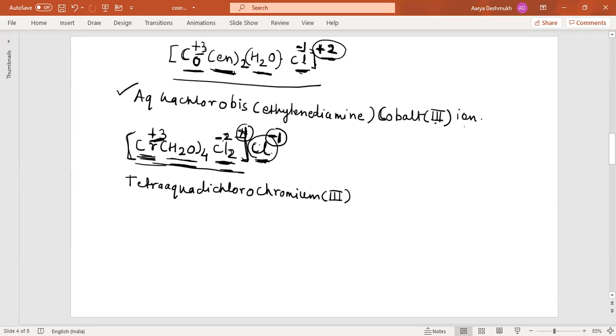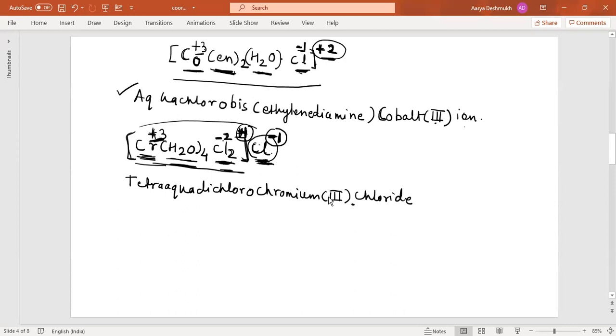So whatever is inside the coordination sphere should be +1. To bring this +1, chromium should be +3, because +3 -2 gives +1. To balance this +1, there should be -1, so the total charge on the complex is 0. So in this way chromium has the oxidation state 3. Now we are left with this chlorine. If you put a space in between, you write whatever is outside the coordination sphere like this.